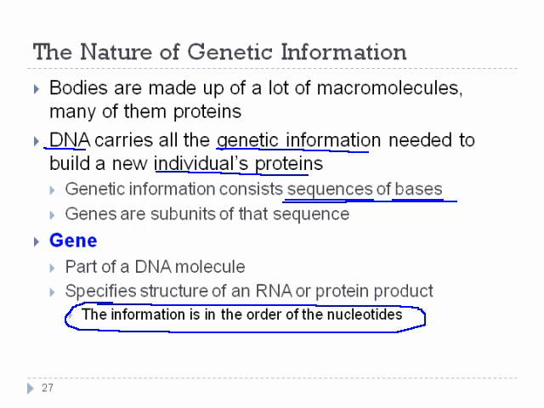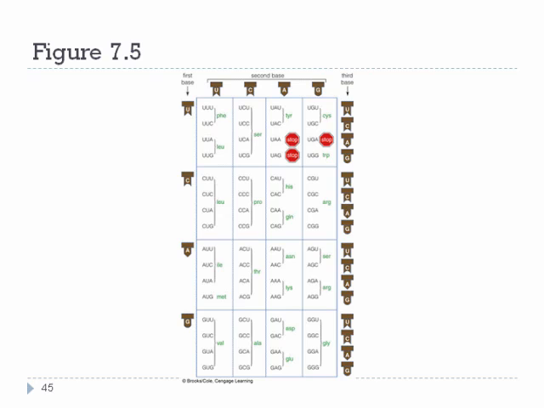When we looked at that chart, the codon chart, that gave us the clue about this sentence. The information is in the order of the nucleotides. Because when we look at the codon chart, all of these codons are 3 nucleotides in length. So what determines the different amino acids is not the number, because they're all 3.